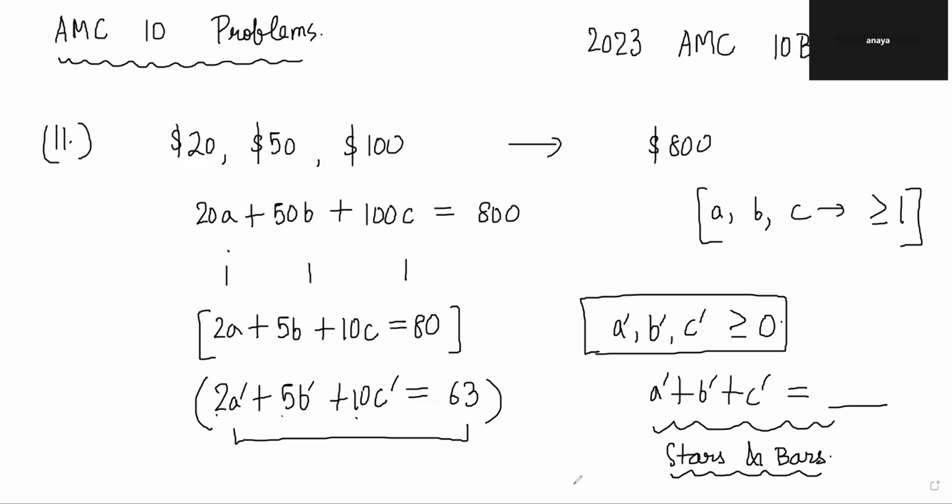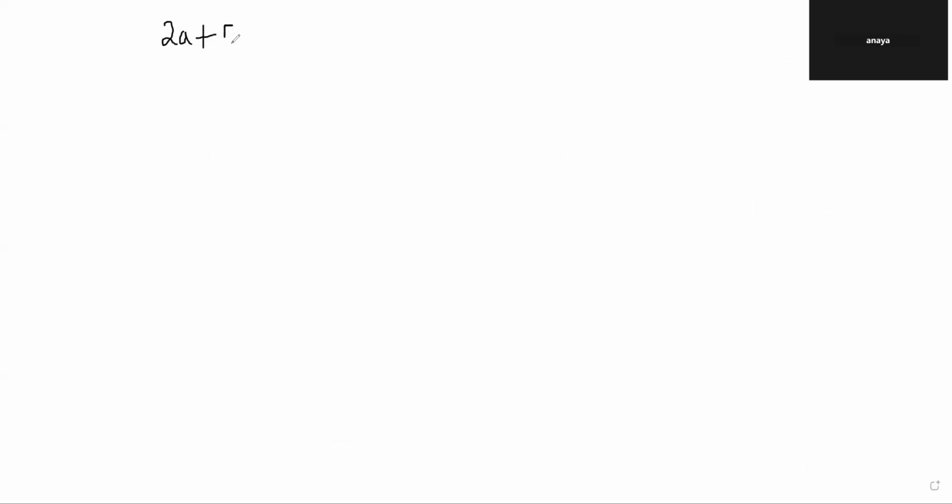Let's look at this equation: 2a plus 5b plus 10c is equal to 80. Divide both sides of the equation by 5. You get 2a by 5 plus b plus 2c is equal to 16.